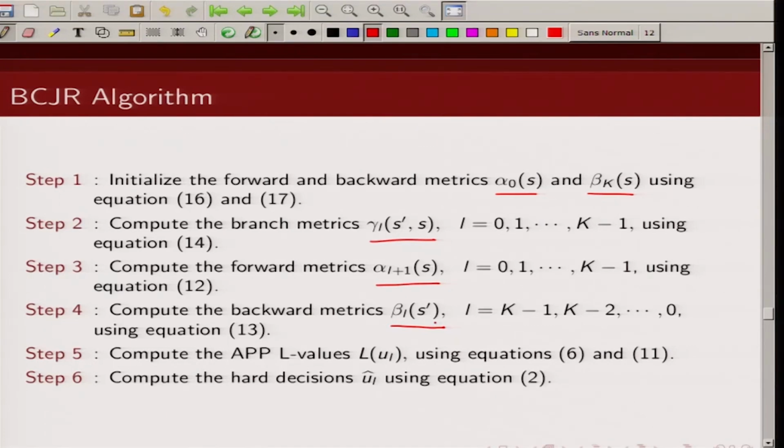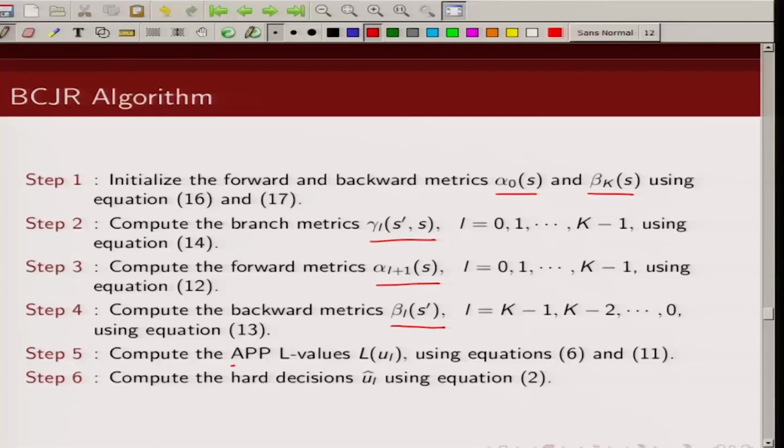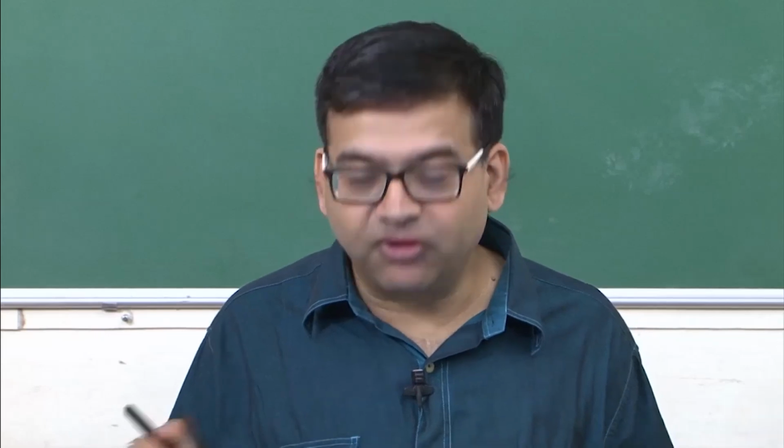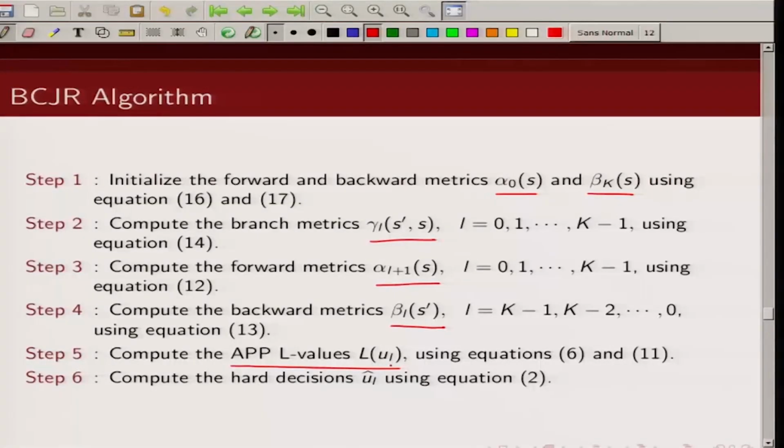Once I have the values of alpha, beta and gamma, then I can compute the a posteriori probability, because I have shown that it is basically a product of these three terms. I can then compute this APP value, and once I have it, I will take a hard decision based on whether it is greater than 0 or plus 1.